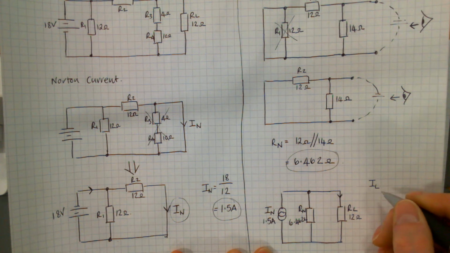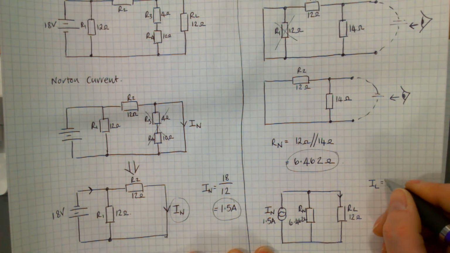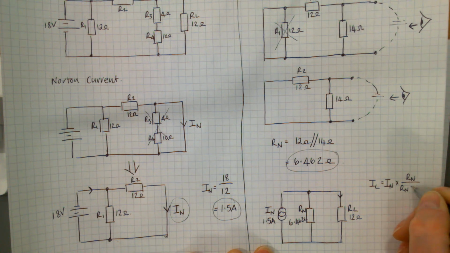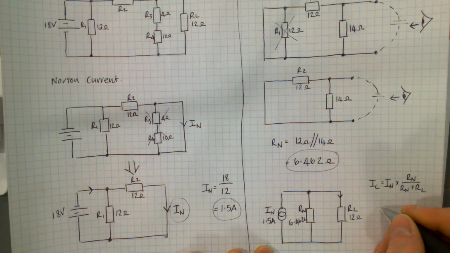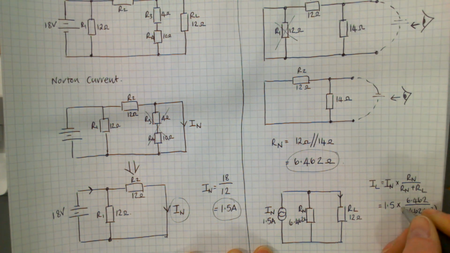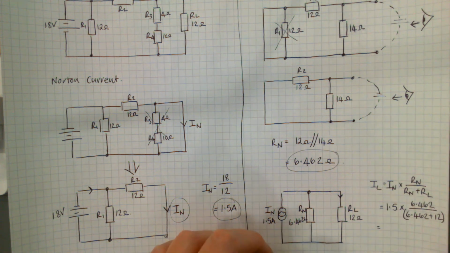So if you wanted to get your load current, your IL, it'd be your Norton current that you'd divide, and bracket that because there's two numbers on the denominator.